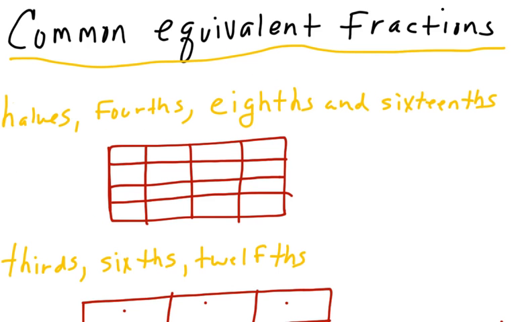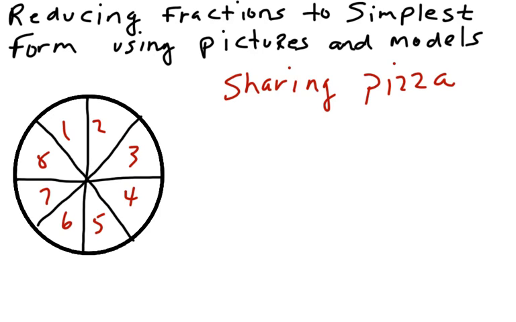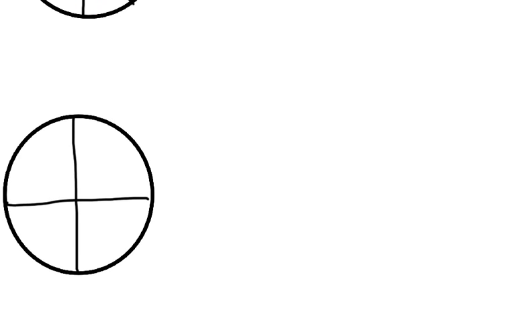So let's look at our common equivalents. Our common equivalents, remember, are halves, fourths, and eighths. And right now our pizza is in 8 pieces. Well, fourths are commonly equivalent to eighths. So to reduce the size of this pizza, you make the pieces bigger.